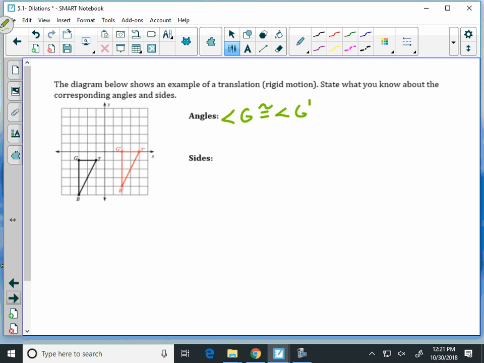We know angle T is congruent to angle T prime. This angle and this angle are the same. They just changed locations. And we also know that angle B is congruent to angle B prime. Again, nothing changed. Those angles are exactly the same. The two figures are congruent.